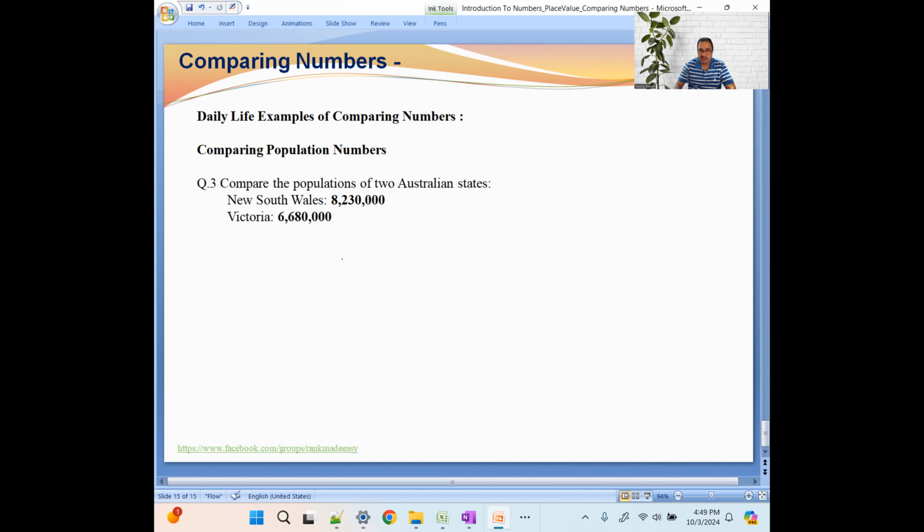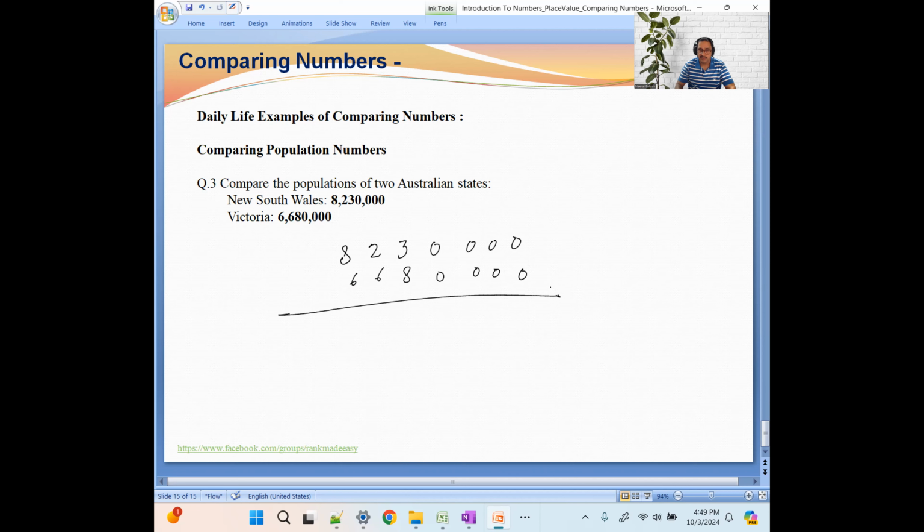So what you have to do is write the first number, then write the second number below the first number, ensuring that the ones place digit is below the ones place digit of the first number. In this case, both numbers have an equal number of digits, so it's easy to write. Let's start writing from the right side: 0, 0, 0, 8, 6, 6.